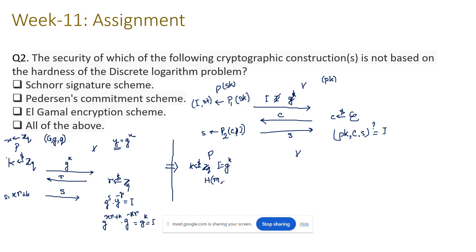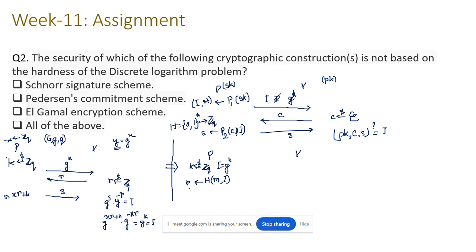So this message m and the commitment I are both taken as input by the prover, and because H is modeled as a random oracle, its output is believed to be uniformly random over the space ZQ. In this manner, if r is generated, then we believe that r is a uniform random element. Of course, H needs to map any arbitrary string to the space ZQ.